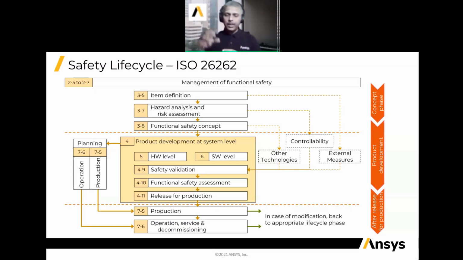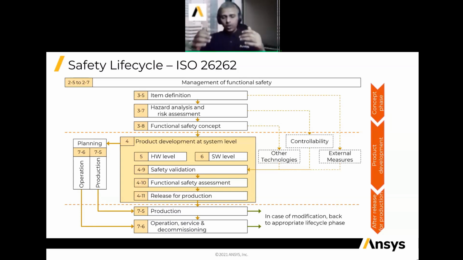Part 3 defines a top-level functionality, and it gives us guidelines about how we should perform the safety analysis. Step by step, we identify the malfunctions, and then we identify what kind of hazards could possibly occur if so-and-so malfunction occurs in the design that I have put together, in the context of the usage of the vehicle.